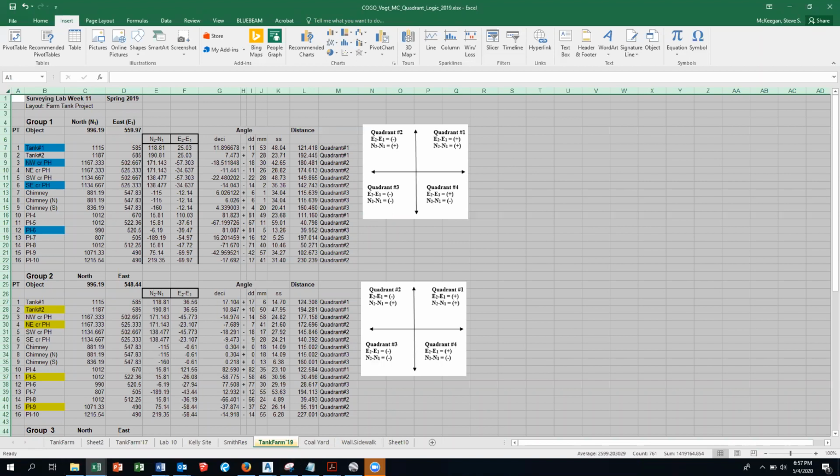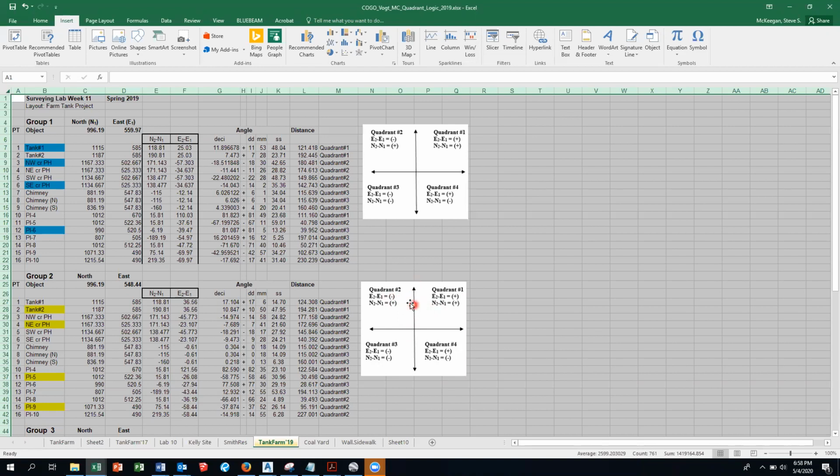In other words, what quadrant? Am I in quadrant 1? In quadrant 2, the angles that are generated are using this line. If the EDM is right here, they're using the north line of sight as your back sight. So anything that's in quadrant 1 or 2, if it's in quadrant 1, the angle is measured here.